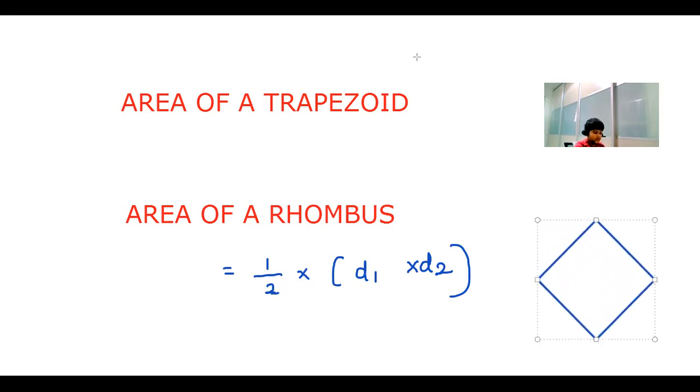D1 and D2 are nothing but diagonals, okay? So here the diagonal lines are from here to here. So these two lines are diagonals.